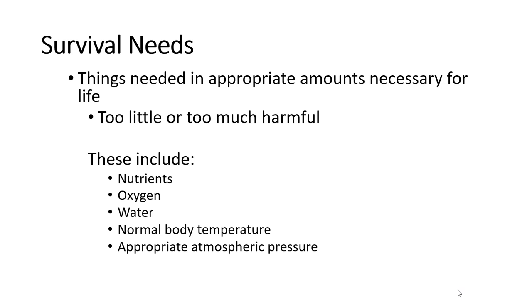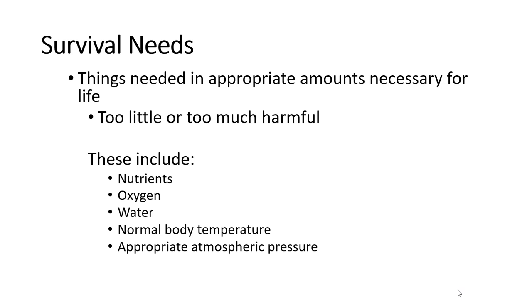Normal body temperature must be 37 degrees Celsius or 98.6 degrees Fahrenheit. Again, that is 37 degrees Celsius or 98.6 degrees Fahrenheit. These temperatures are ideal for humans. Some of us may have a slightly higher or slightly lower normal body temperature.